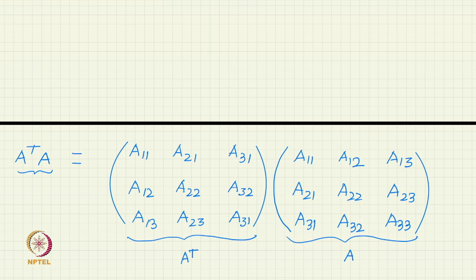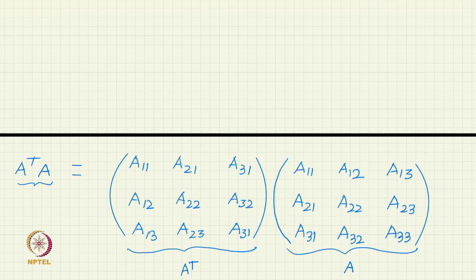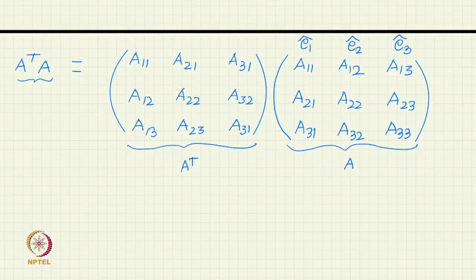Now, we had noticed that the first column, A11, A21 and A31, is nothing but the components of the basis vector E1, the second column the components of the basis vector E2, and the third the components of the basis vector E3 in the new coordinate system. Let us look at this product.